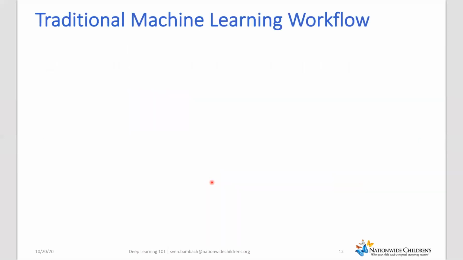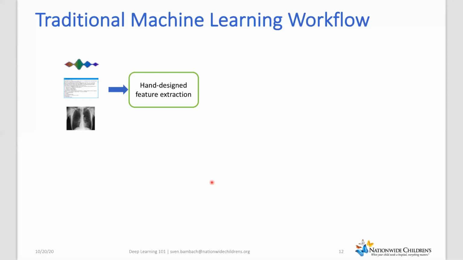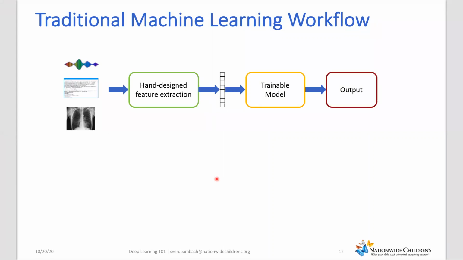So then, to make the curve towards deep learning from traditional machine learning, you have to understand that the traditional machine learning workflow that I was trying to describe always looks like this. You have some wild data source. You put a lot of brain power into hand designing some sort of features that you extract from this data source. That gives you some sort of vector. And then you plug that vector into a trainable model and get some sort of output, right? And that trainable model can be almost anything.